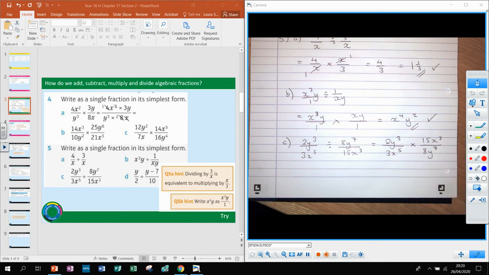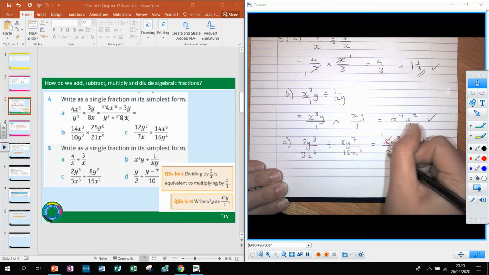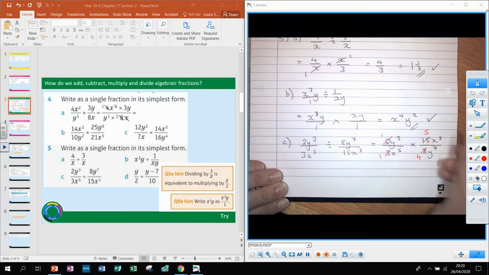Now I can start to cancel down and simplify. So if we look, 2 goes into 8 4 times, so we change those. 3 goes into 15 5 times. That's our numbers sorted. Now we look at the letters.